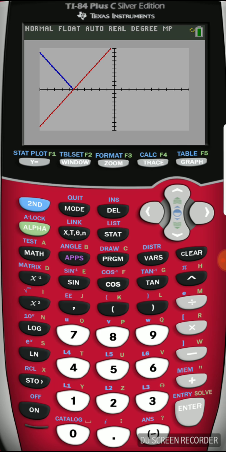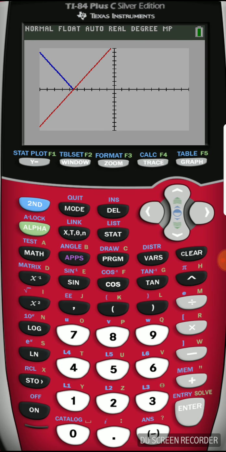Remember, absolute value means it's always going to be positive. So look at the red line below the x-axis there. Those are all negative values of y, but with absolute value you never have a negative y value, so it gets flipped up top. That's that blue line up top there. That's what it means: your absolute value is always going to be like that.